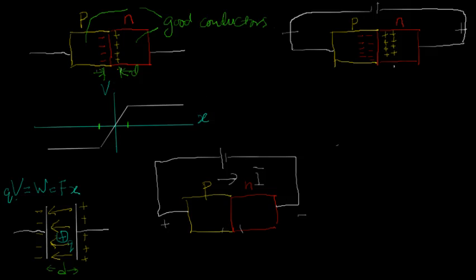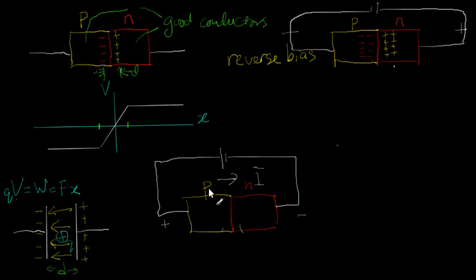Oh, by the way, I should just mention something, which is that if the battery is connected in this direction so that the current cannot flow, this direction of connection has a name. It's called a reverse bias.